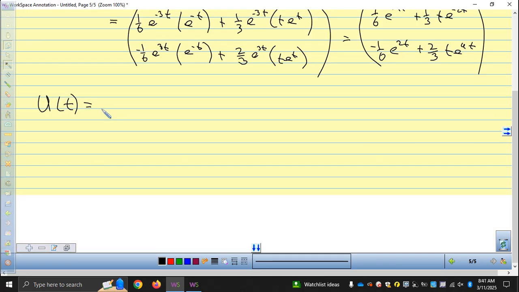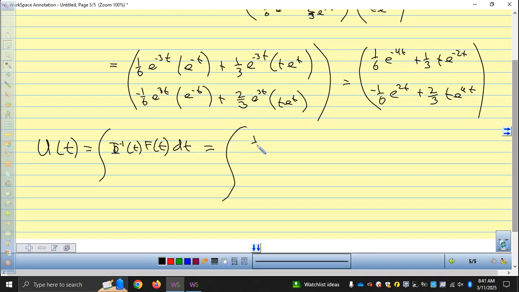U of t, I'm going to write this the way we wrote it in our formula, is the integral of phi inverse of t times f of t dt, which in this case is going to be the integral of this matrix dt, and I'm just going to integrate each row.